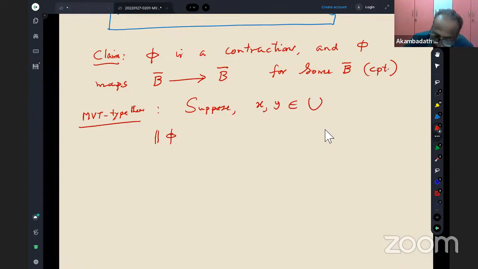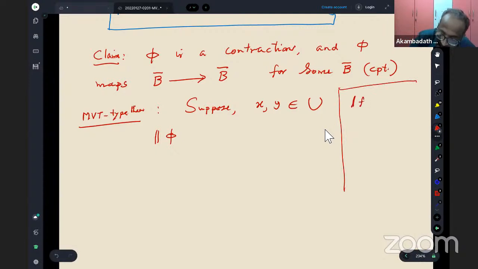Maybe I will write it here. Suppose you have a norm of f prime of x less than or equal to a, uniformly bounded for all x in some set.